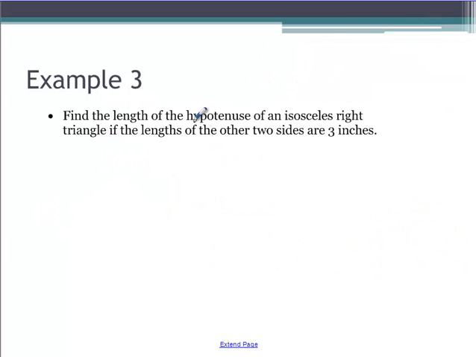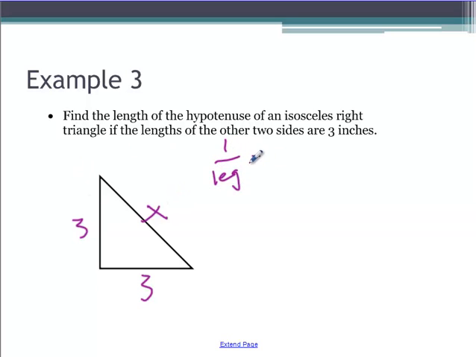Now find the length of the hypotenuse of an isosceles right triangle if the length of the other two sides are 3 inches. So isosceles right triangle, we need to find the hypotenuse. These are both 3. I could do Pythagorean theorem, or I could do 1 over leg equals square root of 2 over hypotenuse. 1 over 3 equals square root of 2 over x.